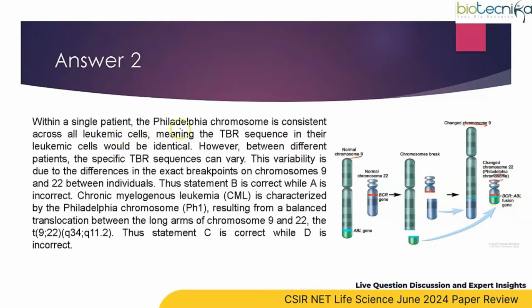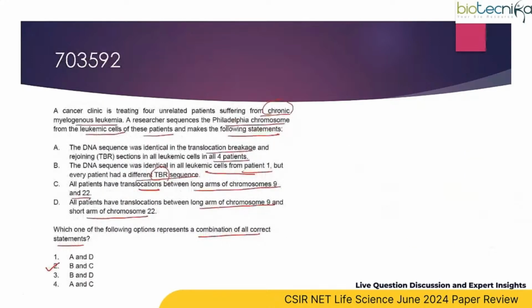Within a single patient, the Philadelphia chromosome is consistent across all leukemic cells, meaning the TBR sequence in the leukemic cells would be identical. So that is why B is correct.